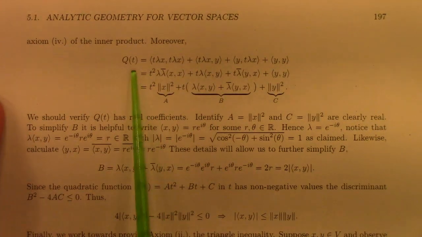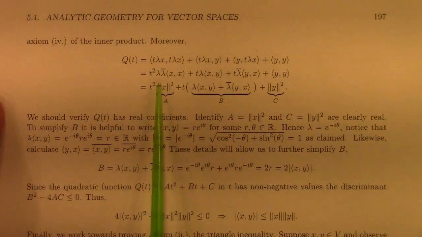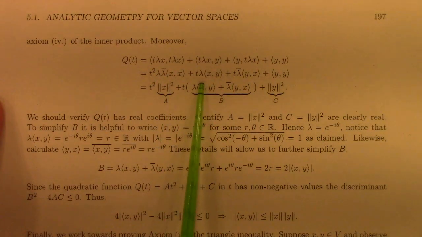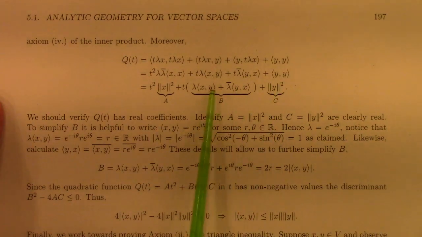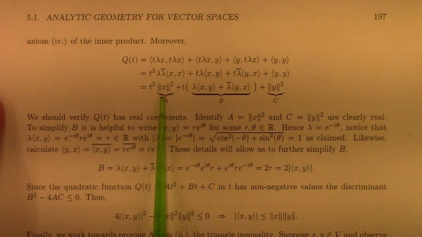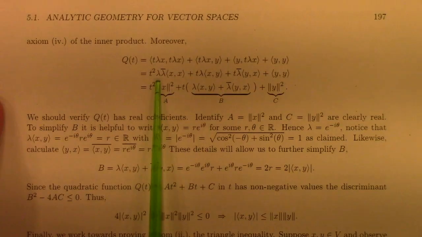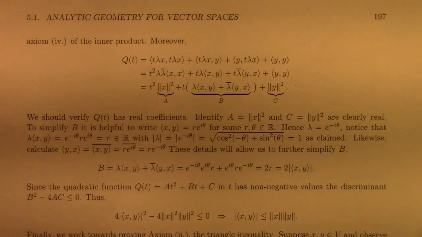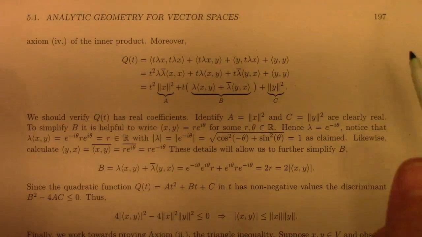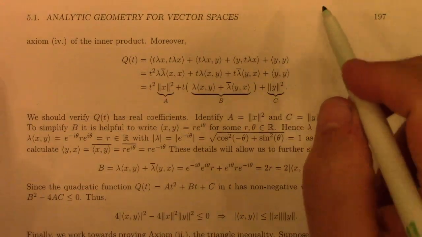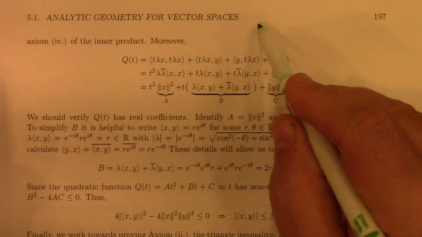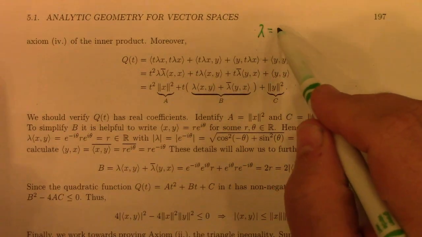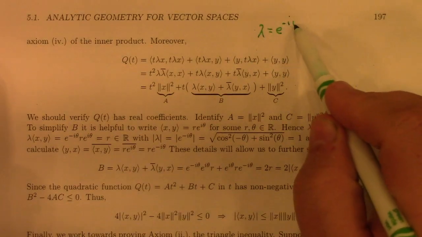As we work this out, we end up with t lambda lambda bar, and then this and that. Now, lambda lambda bar is, remember the length, basically, as I explained in class, we have lambda equal to e to the minus i theta.